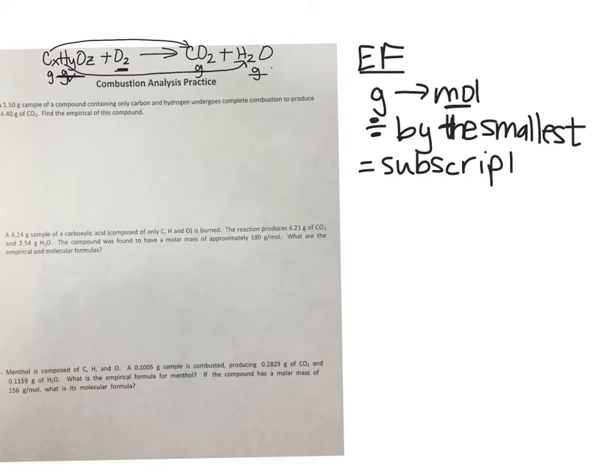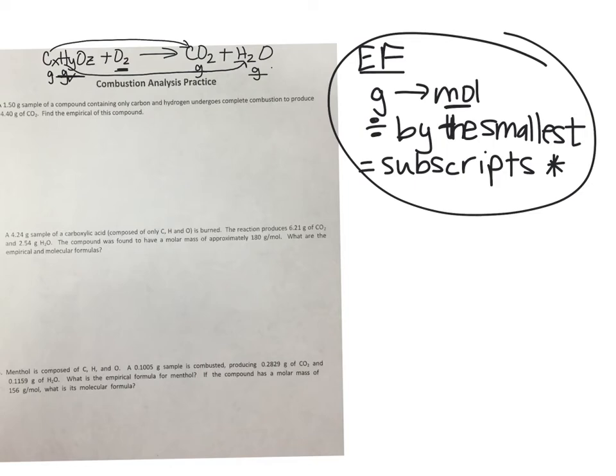And don't forget your special rules if you get 0.5s or 0.3s. This one you might get a 0.6, just because these are AP level. So just know that those get multiplied by 3. But I can help you with that anytime. So in the end, this is what you have to come back to.